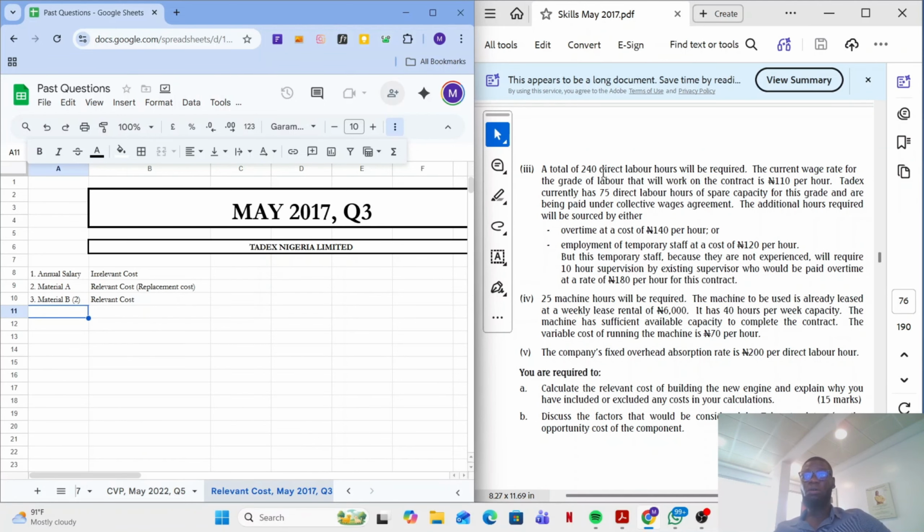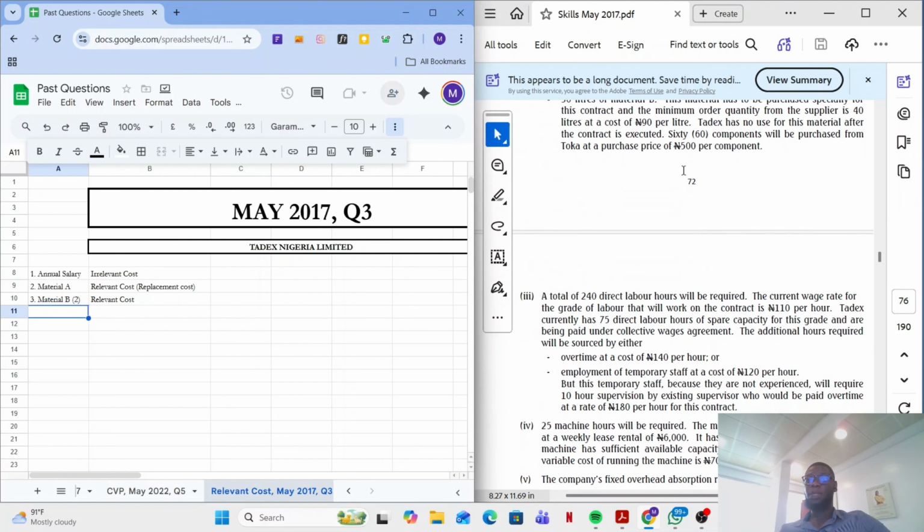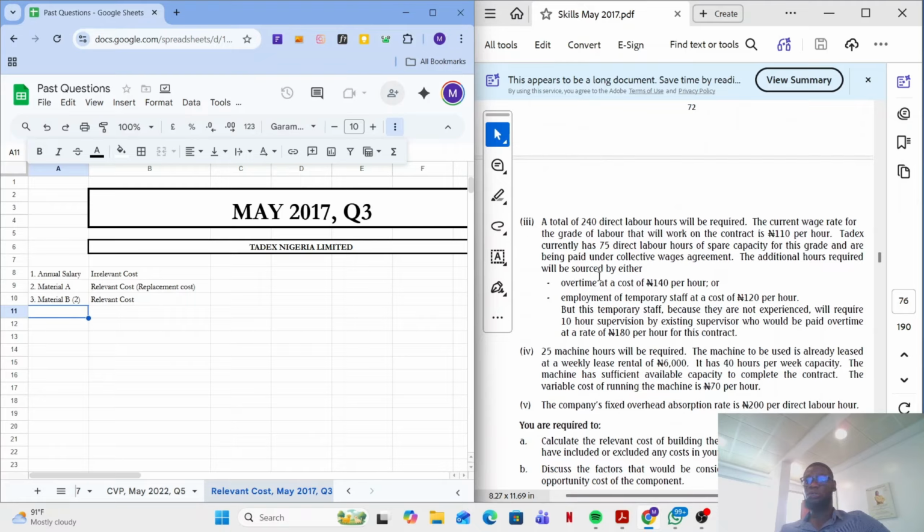A total of 240 direct labor hours will be required. The current wage rate. So when we look at labor, I've said salary is irrelevant, so wage is relevant. This is a wage rate, so that is a relevant cost, right? And currently they have 75 direct labor hours of spare capacity.